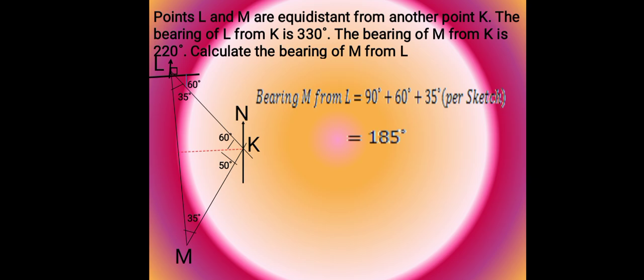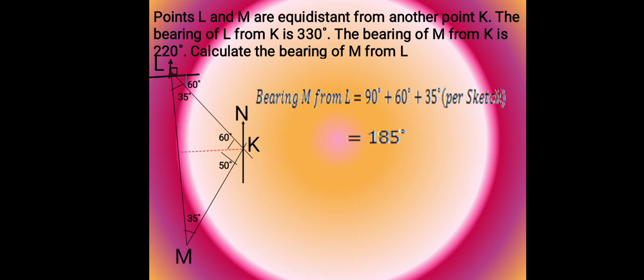If you sketch and then follow those bearings you have been given, you just find the angles as I have found inside the triangle. You can see the first angle is 60, and then 50, so it becomes 110, and then that other one at M is 35. The other one is also 35.